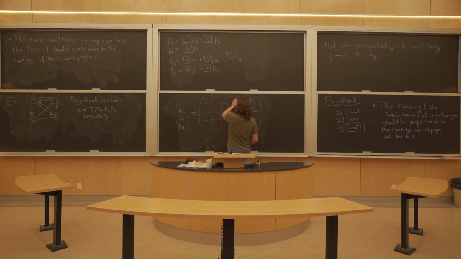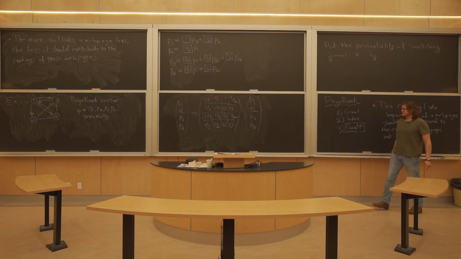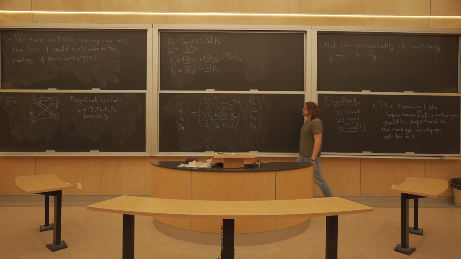This is 1 over 2. And then this is 1 over 3, 0, 0, 0. 1 over 3, 1 over 2, 0, 1 over 2. 1 over 3, 1 over 2, 0, 0. Okay, so that's, again, a stochastic matrix, as you can see. Each column adds up to 1.